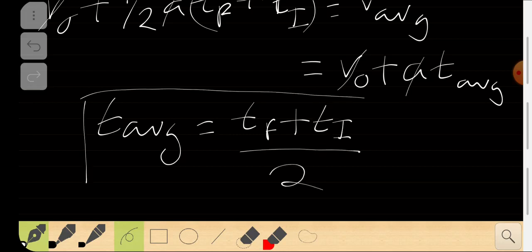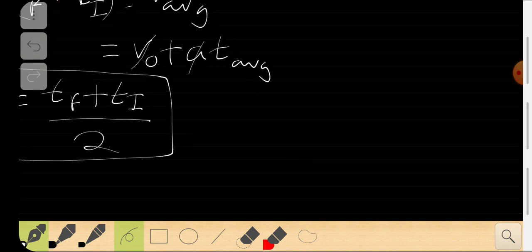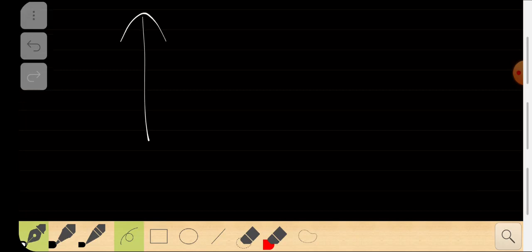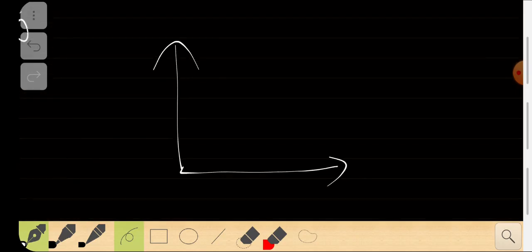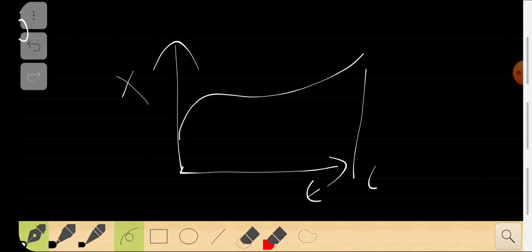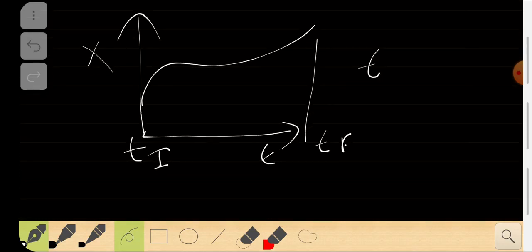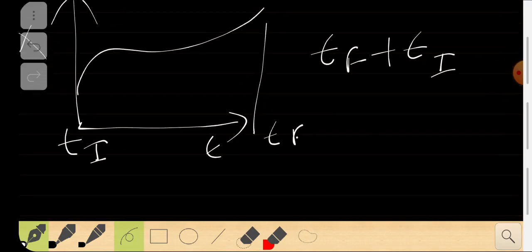That means the average value of time, if you take the plot of position versus time graph, and this is the curve, then the average t value will be t final plus t initial divided by 2.